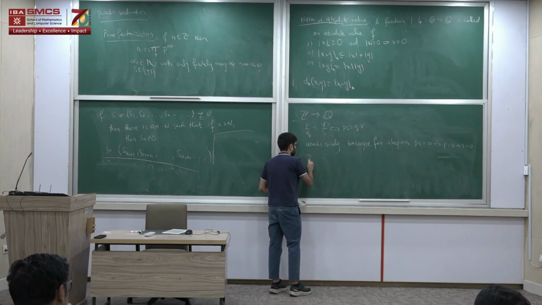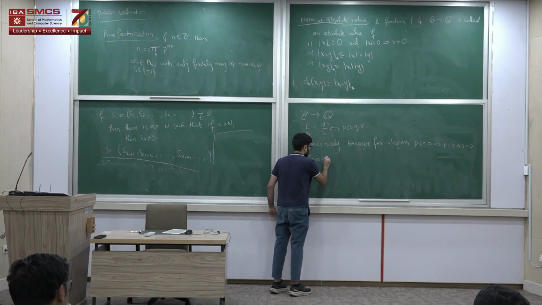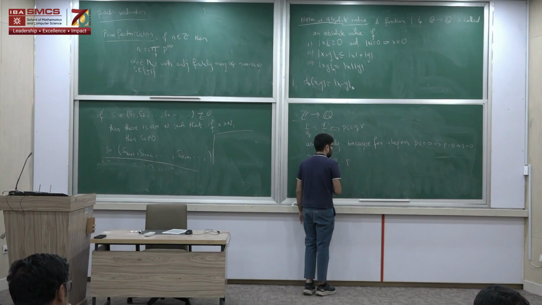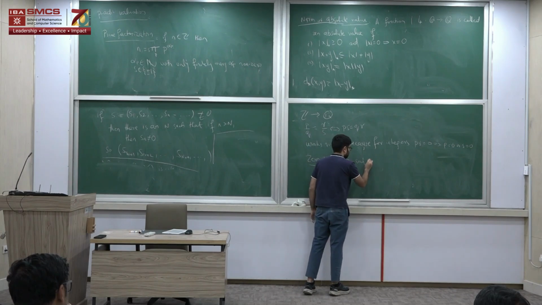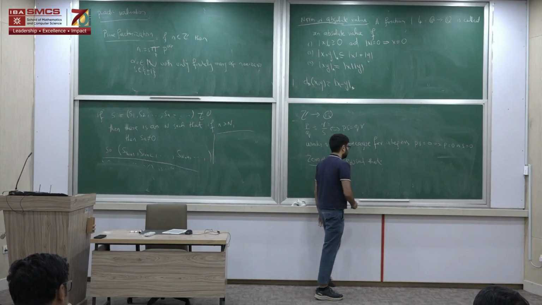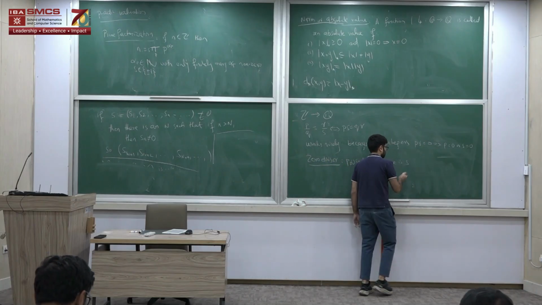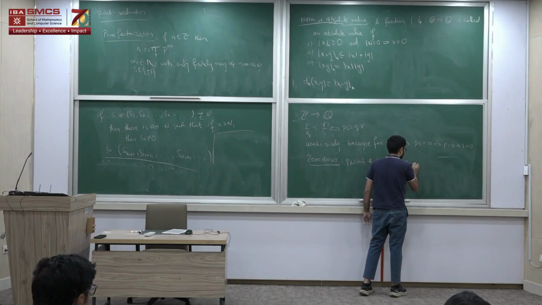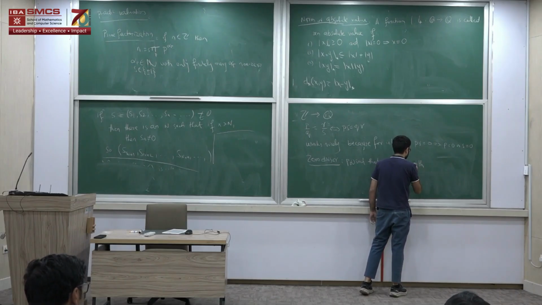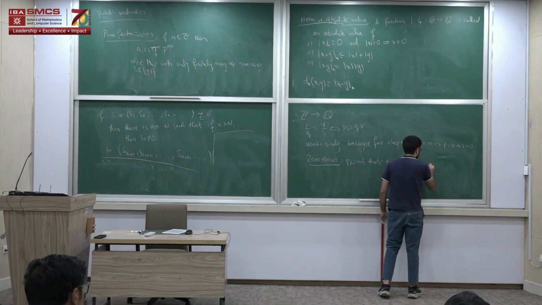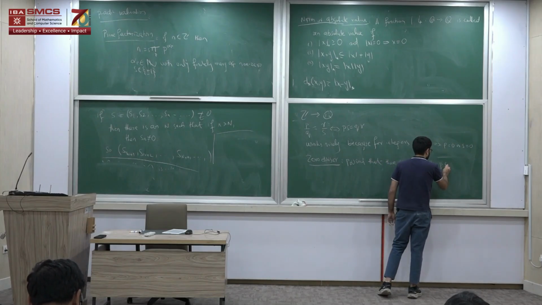A 0 divisor is a p, with p not equal to 0, such that there is an s, with s not 0, with p s equal to 0.